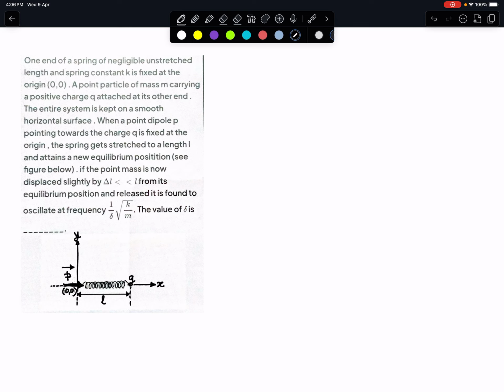Now we will analyze the present equilibrium condition. There is the dipole, and at a distance L from the dipole, the electric field due to the dipole is 2kp by L cube.